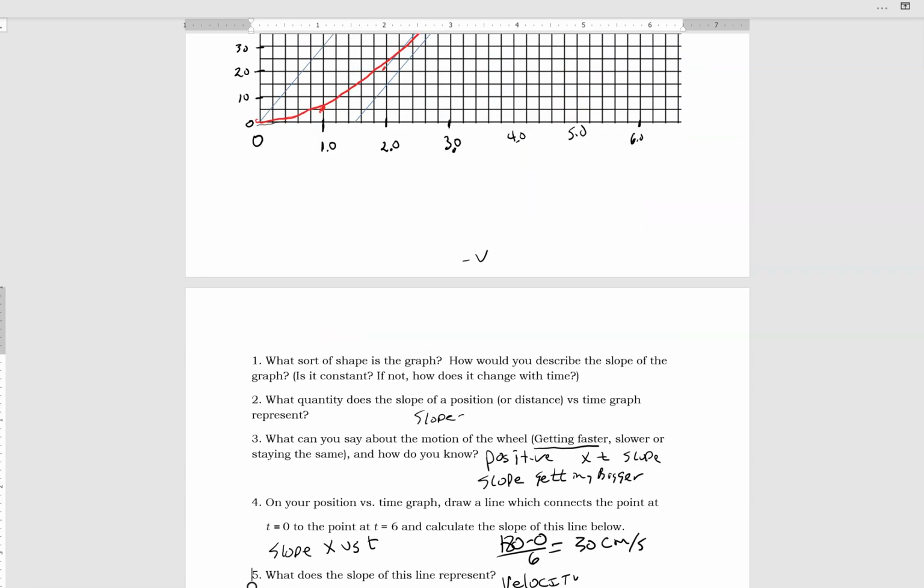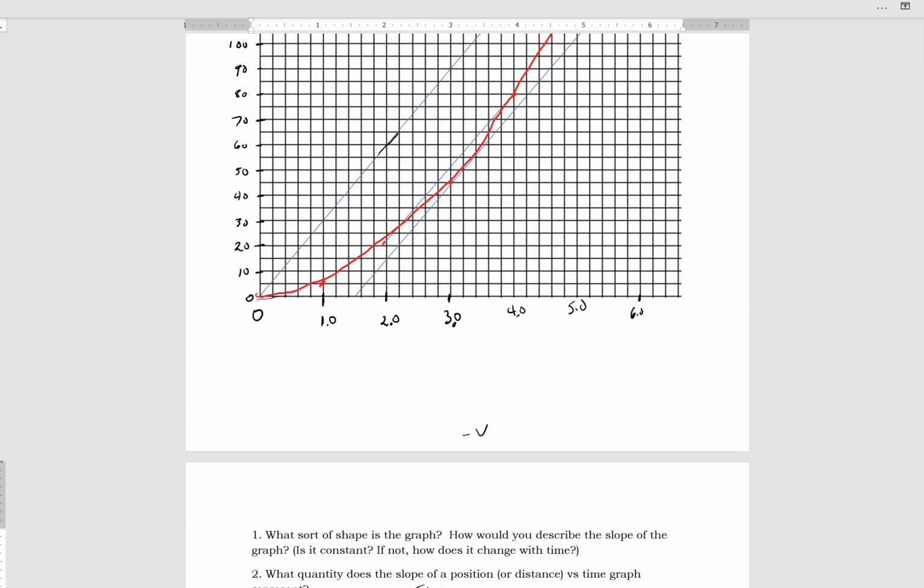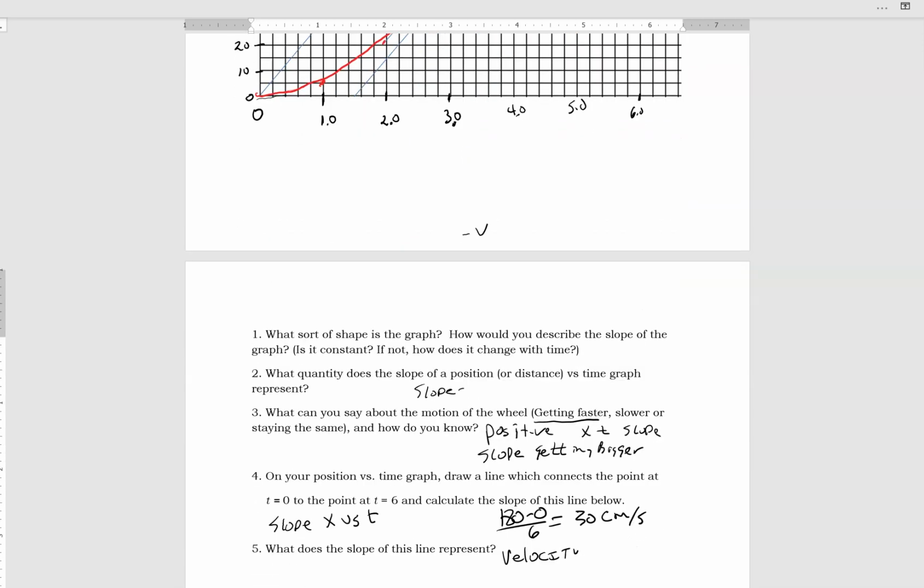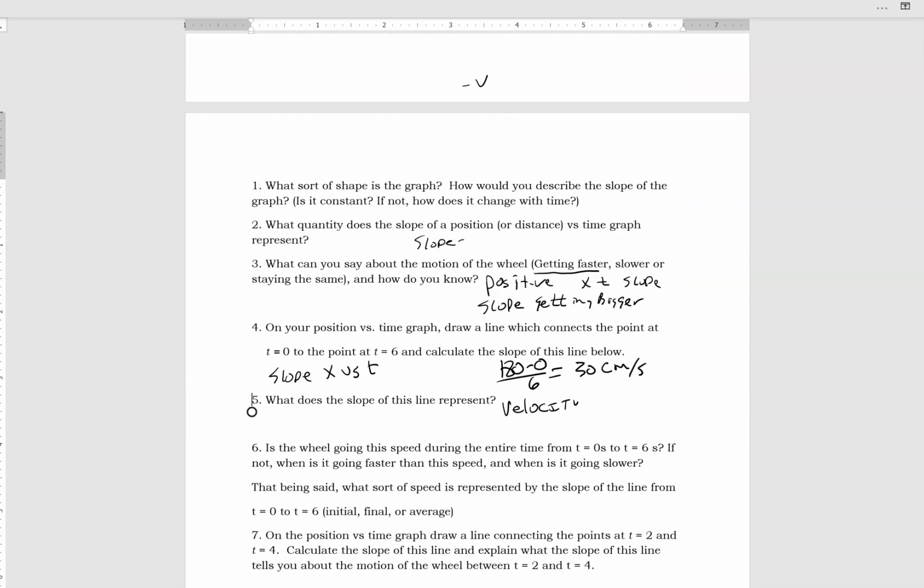So it's like at 3 seconds, the tangent line here is about the same slope as that. So this should be the average speed, because it's going at different speeds during that whole time. Going slower from 0 to 3 and faster from 3 to 6.